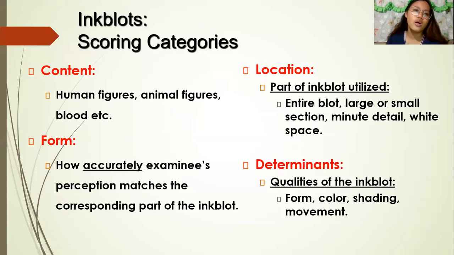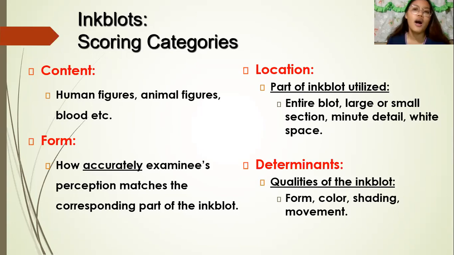So how do we score the responses on the ink blots? First, the content. It consists of human figures, animal figures, or blood, etc. Its form shows how accurately the examinee's perception matches the corresponding part of the ink blot.